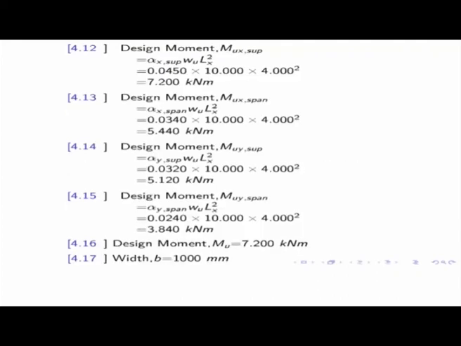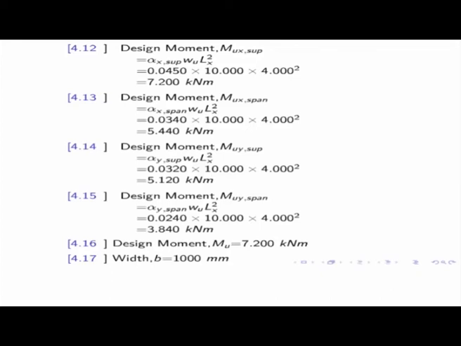For 4.12 to 4.15 you can see that I have chosen the maximum one, 7.2, because only for that I shall provide the depth of the slab. I cannot change the depth of the slab from one location to another. I have to provide the same depth all through the room.